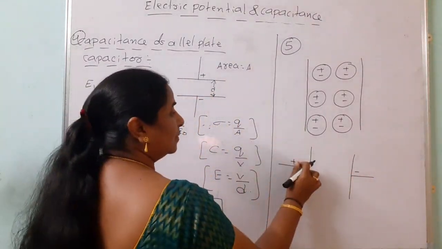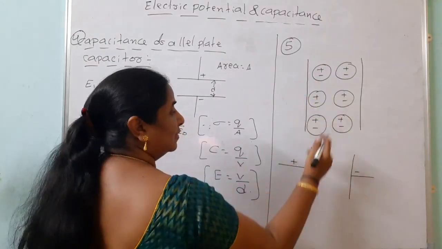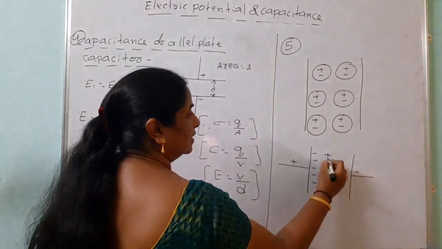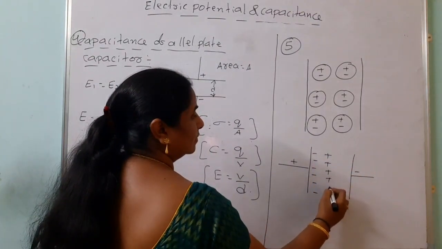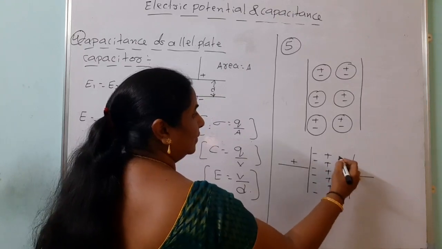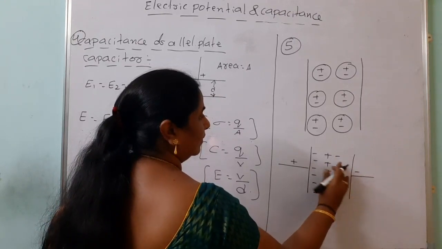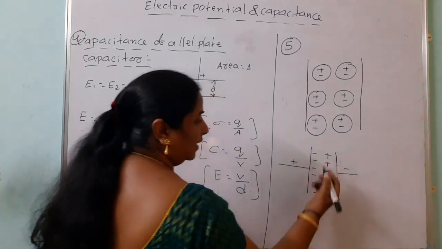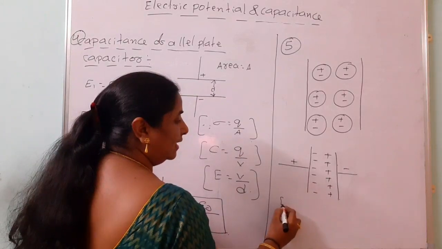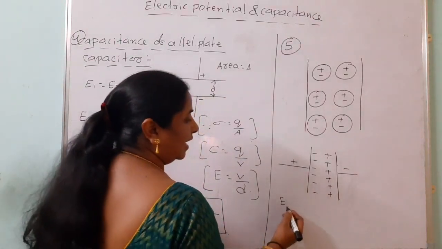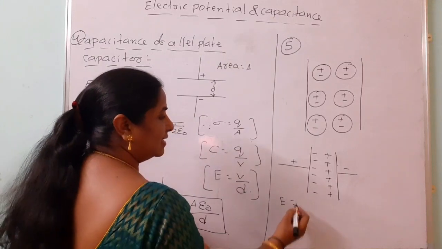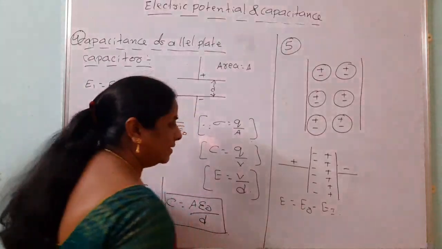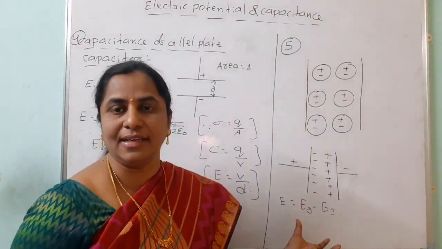Then what we observe is that the positive charges are repelled by this side, and on this side we can observe the negative. Now we applied intensity E. Here the induced intensity acts opposite to this one. Then what is the total intensity? Original intensity minus induced intensity. This is the behavior of dielectric in the electric field.